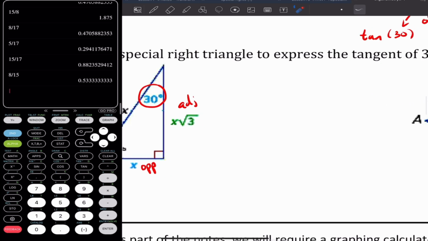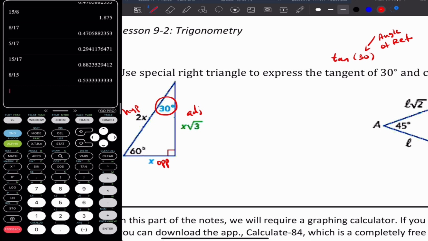So if I'm talking about tangent of 30, let me write SOHCAHTOA up on my paper, just right here. So we know that tan is TOA. If I'm talking about tangent of 30, I'm using opposite over adjacent.